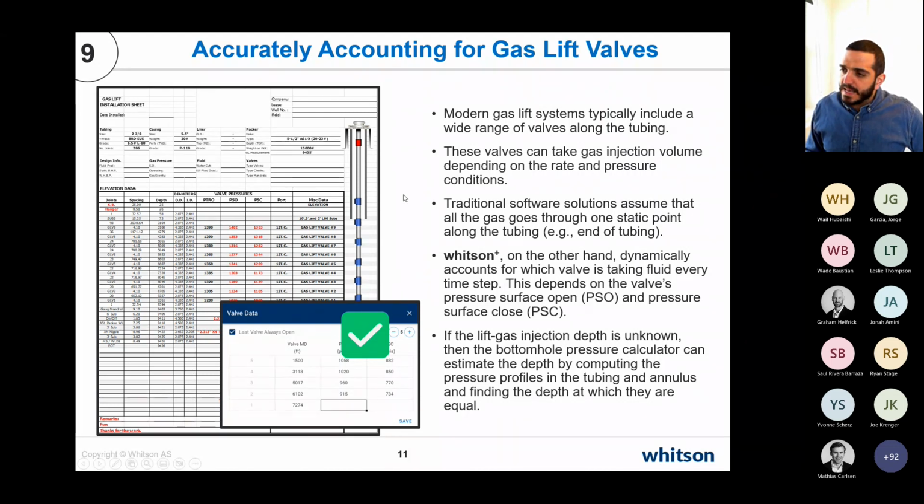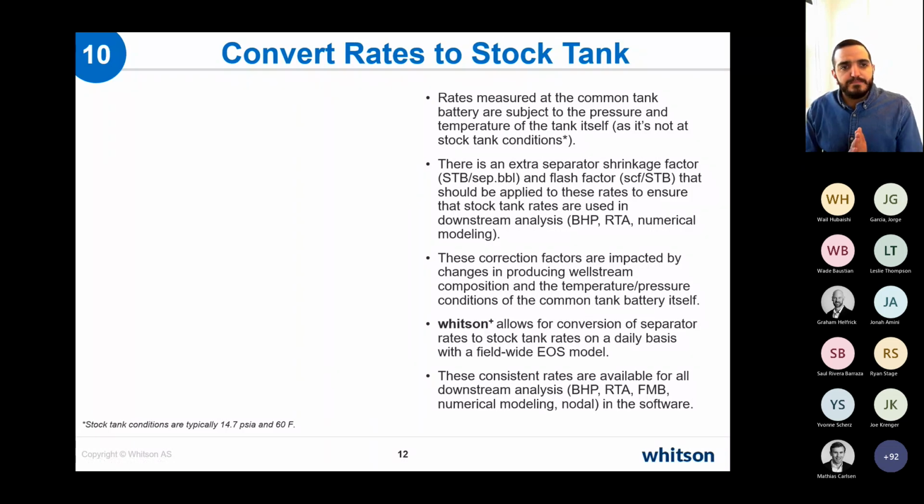Okay, and the last case study that I wanted to talk about is the conversion of rates to stock tank in the software. That's because many times we have rates that are not measured at stock tank conditions.